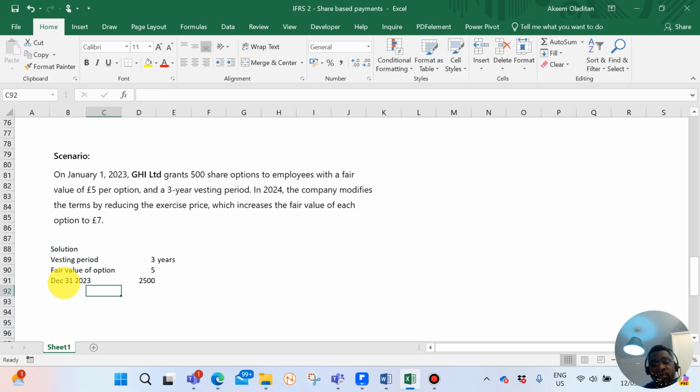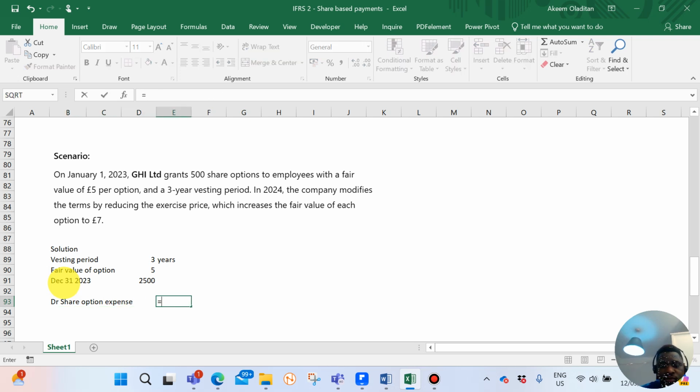So what we'll do for the first year is that we'll need to post our debit share option expense of £2,500 divided by 3. That is 833.